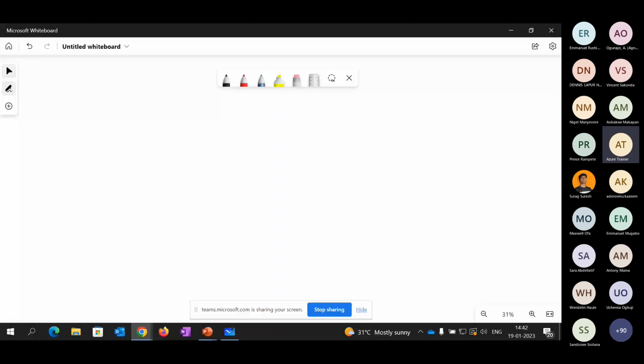Exactly. So we need to have an IP address. An IP address is one of the components we need to communicate with each other. You need to have a network interface card, right?